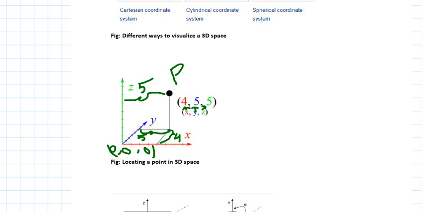So from the origin 0, 0, 0 to arrive at point P, you have to travel 4 points along the x-axis, 1, 2, 3, 4. Then you have to move 5 points along the y-axis. You can see 1, 2, 3, 4, 5. So along the y-axis you have displaced your cursor 5 points towards the y direction. Then you have to move 5 points towards the vertical direction.